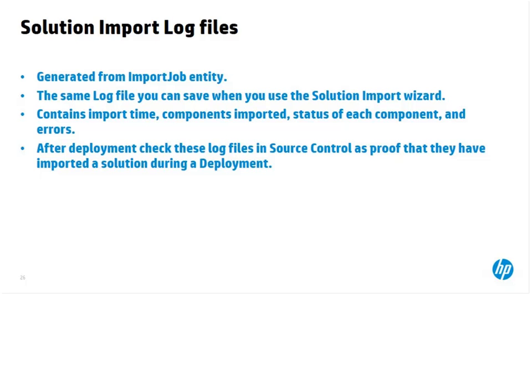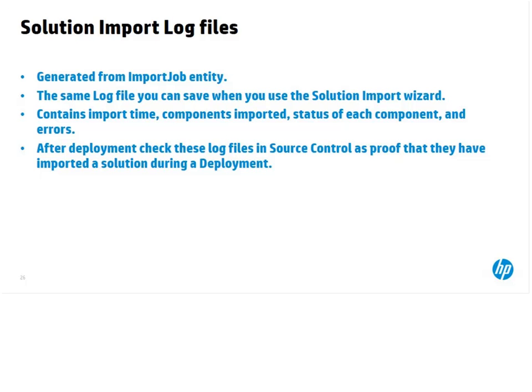When you look at solutions in CRM, typically you do not see a place where you can see the history of all solution imports. So it's not apparent that that exists, but every single solution import of a solution is stored in the import job entity.